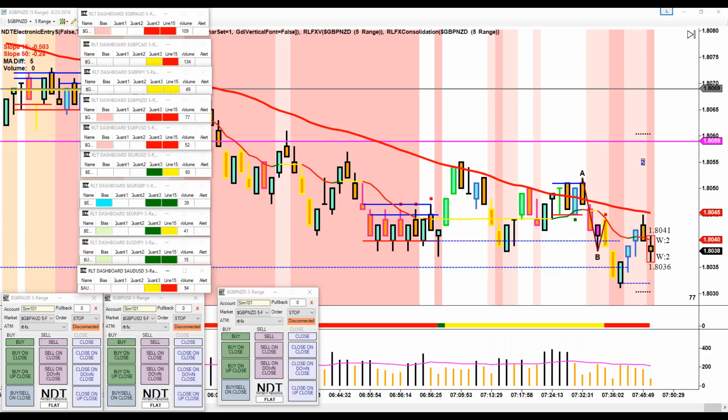No, I don't think we're going to get an entry dot here. If we get a pull up, an up close on this candle, and then a subsequent down close, I think we'll have an entry.